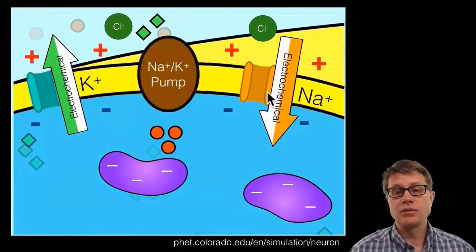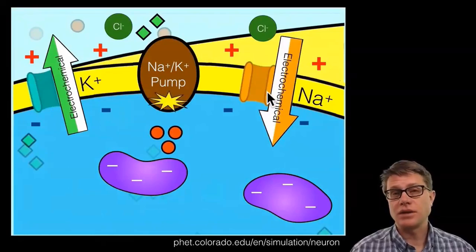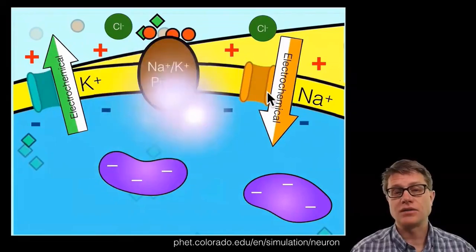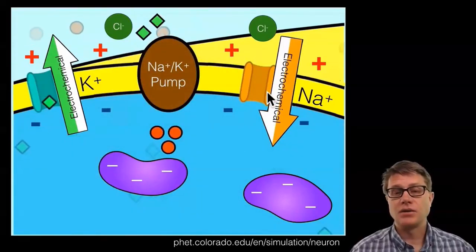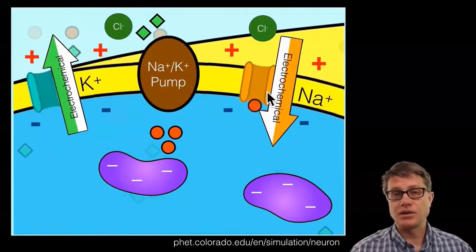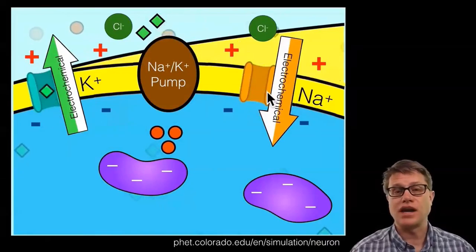Now, if we were to just let this go, eventually we would lose that potential because all the sodium would come in. And so we have a sodium-potassium pump where we cash in a little bit of ATP, and that's going to move that sodium out, 3 sodium ions for every 2 potassium ions. And so as this is moving and establishing that membrane potential, again, it's the permeability of these 2 ions that's establishing it.